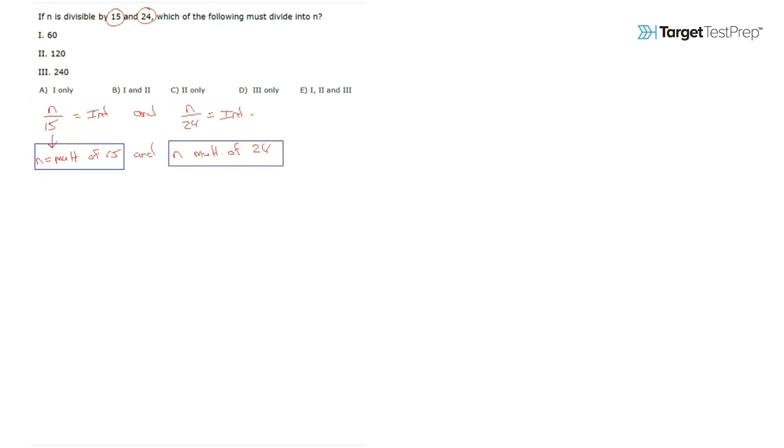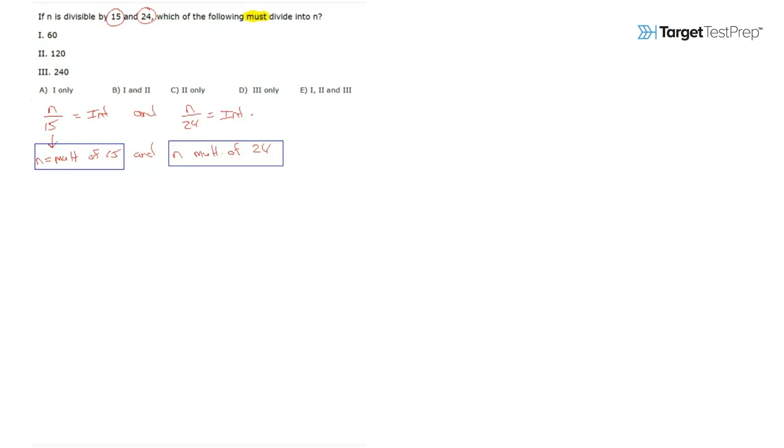The reason you know that is because we don't really know what n is. We're never going to know, but we've been given a question that says which of the following must, meaning in all circumstances, divide into n. So what that means is we need to find the smallest possible value that n can be under the given circumstances.